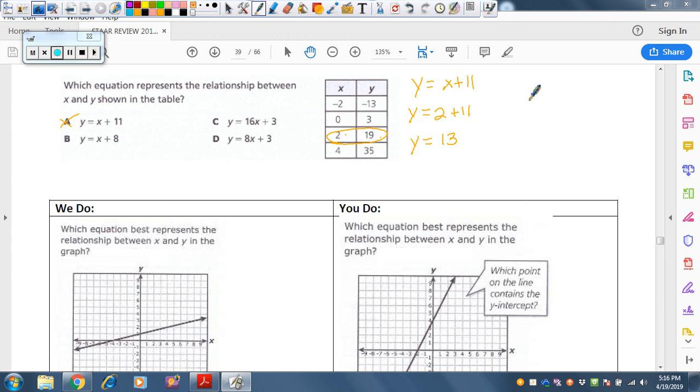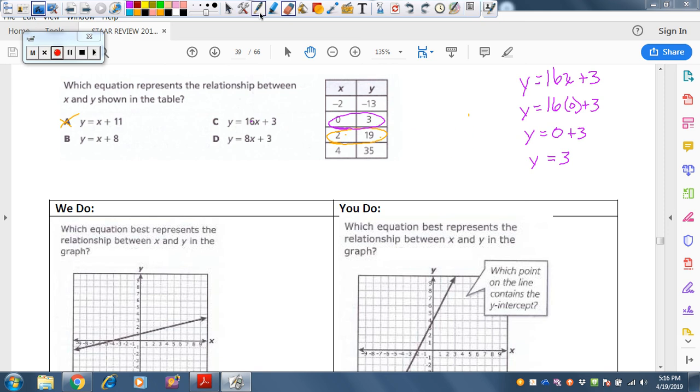So try it again. I have y equals 16x plus 3. If I try it with 0, 16 times 0 plus 3. Well, 16 times 0 is 0, and 0 plus 3 is 3. That checks out. I'm going to double check it with another one then. Same equation. I either have to check all of them with this equation or I have to prove that everything else is wrong.